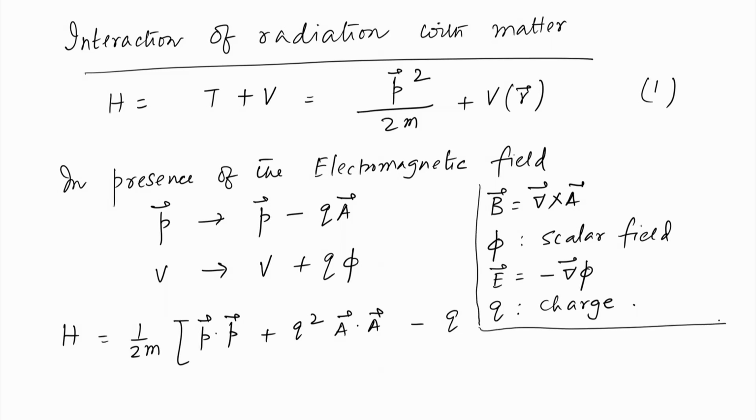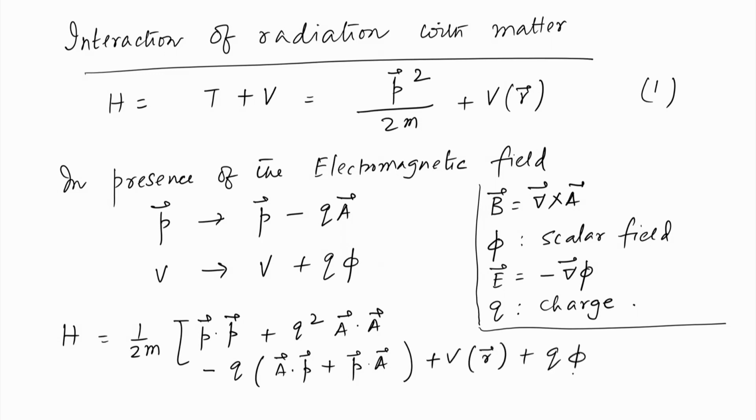These are the definitions, so let us just write it below: minus q times A dot P plus P dot A, and plus V of r plus q phi. Okay, so that is the Hamiltonian that it becomes if the charged particle is kept in an electromagnetic field.